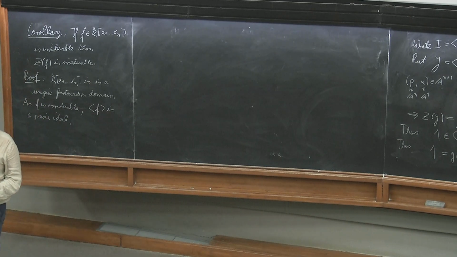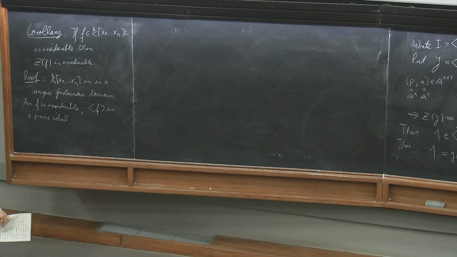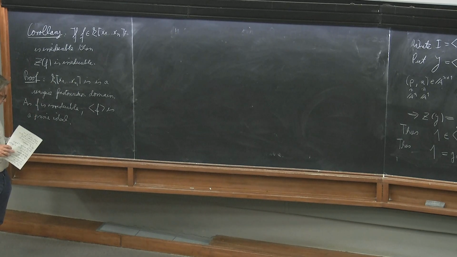Because radical ideal means that whenever the ideal contains a power, it contains the original element. Prime ideal means more strongly whenever it contains a product of two, it must contain one of the factors. And then this with the power follows immediately.